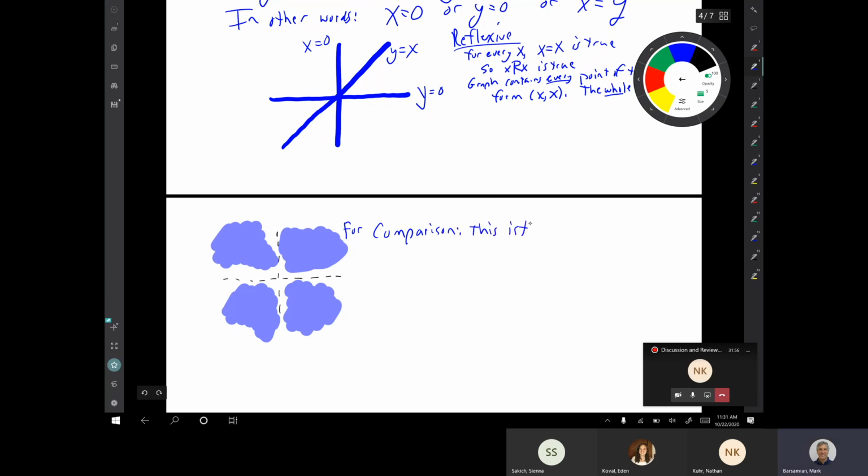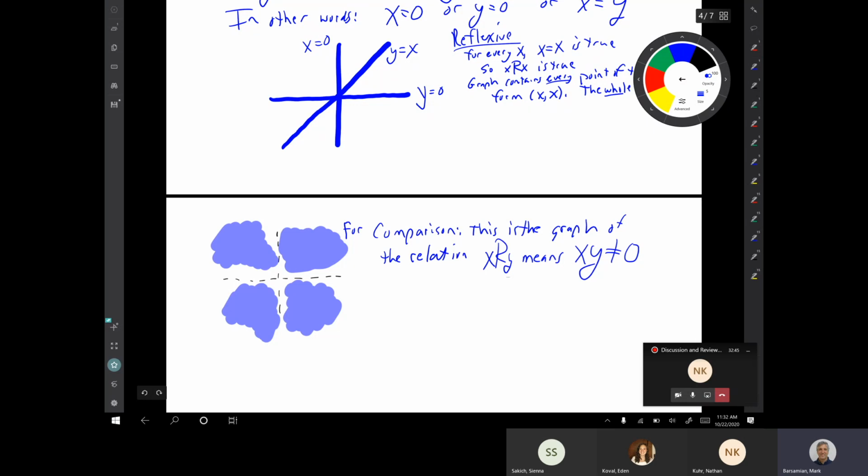Before I say, does anybody remember what relation this is the graph of? Would that be xy is not equal to 0? Exactly. X times y, yeah. So the only time xy equals 0 is when x equals 0 or y equals 0.